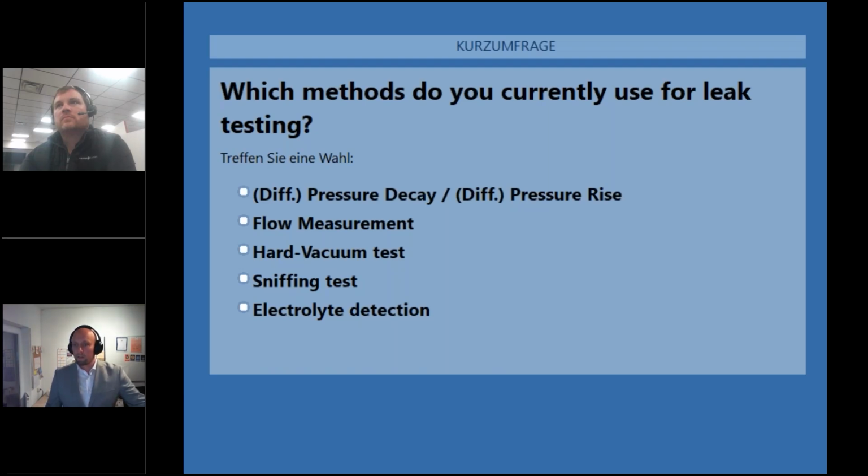After 30 seconds of poll, roughly 40% of the audience have reacted so far. So let's wait another 10 seconds before we close it. So thank you for your participation in this poll.